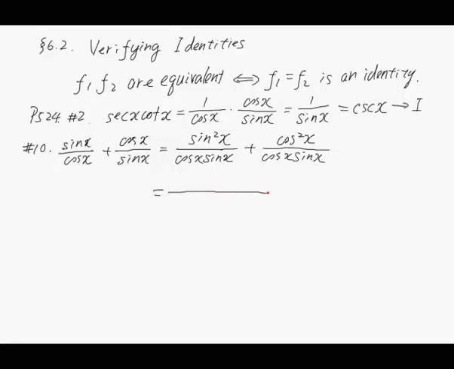So you have sine square x plus cosine square x over this common denominator. For the numerator, we can apply the fundamental identity, which is equal to 1. Then you have 1 over cosine x times sine x.